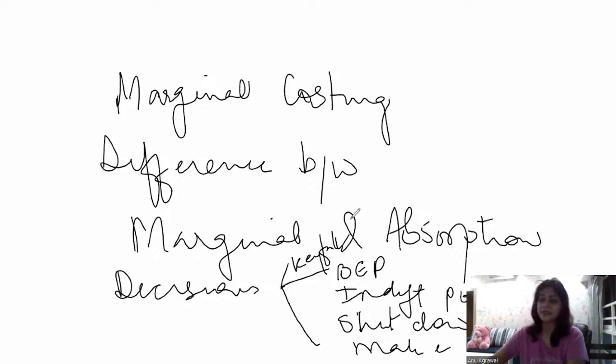So the concept is that this particular topic which I'm going to teach you, first of all, the importance of this topic is, as you go up to CA final, the only few things you will be studying, and in that few things, the only topic which you need to know happens to be marginal costing.